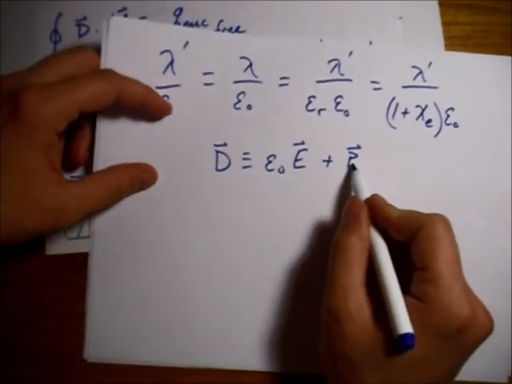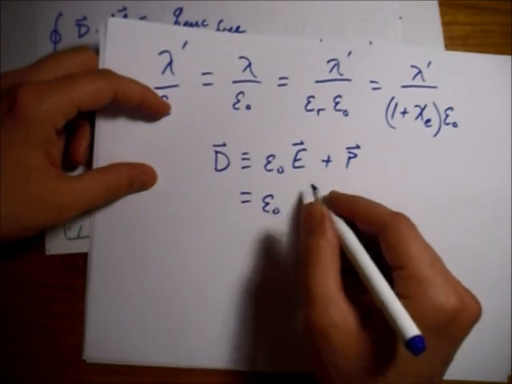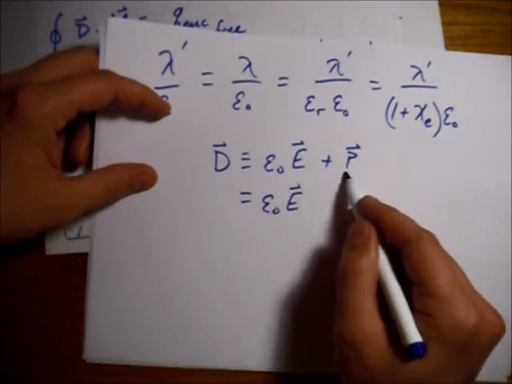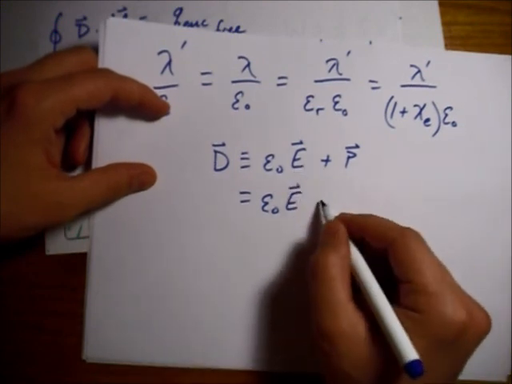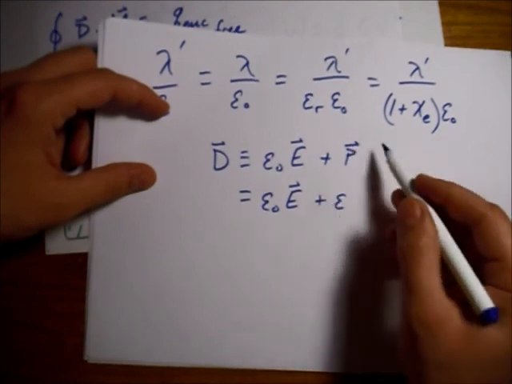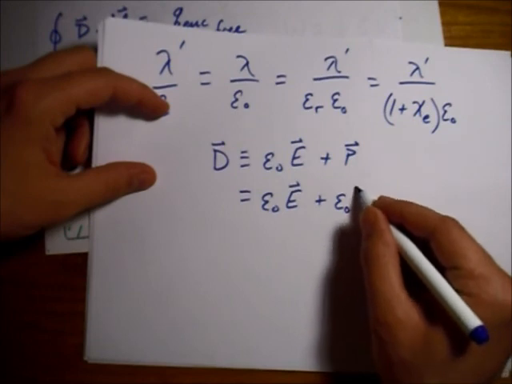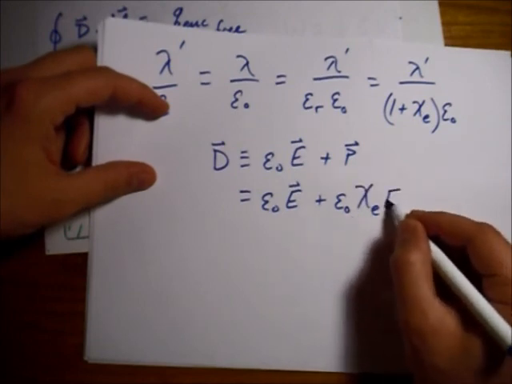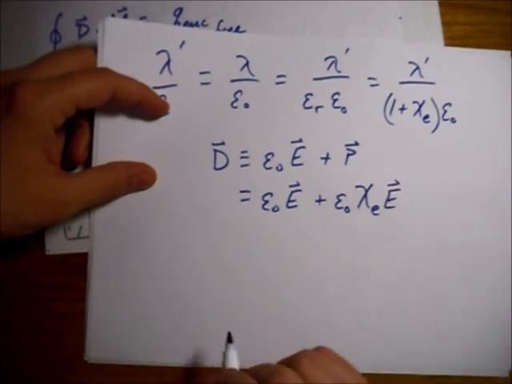All right, for a linear dielectric, this polarization linearly depends on the electric field, with a constant of proportionality of permittivity of free space multiplied by the electric susceptibility, and then we have our electric field, right?